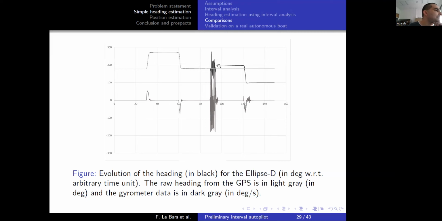So probably what happened is the system detected some inconsistency between the GPS data and magnetometer data, but it seems that it chose to ignore the GPS and rely on the magnetometers, while the problem is that we tried to saturate the magnetometers, so it was probably completely wrong. And this is what we get.